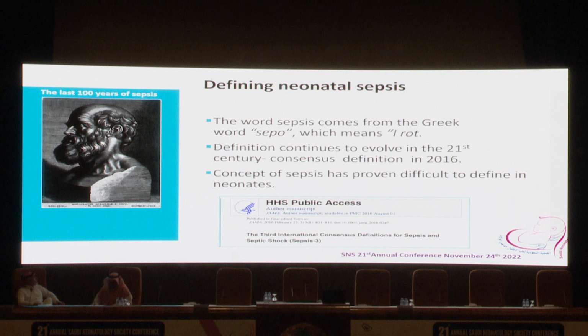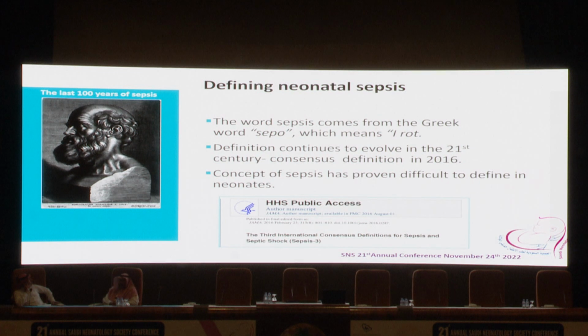Actually, over the last 10 years, huge advances have been made in neonatal sepsis in the form of epidemiology, pathophysiology, diagnosis, monitoring, and treatment. And as you know, originally sepsis came from a Greek word, sepsis, which means eye rot.